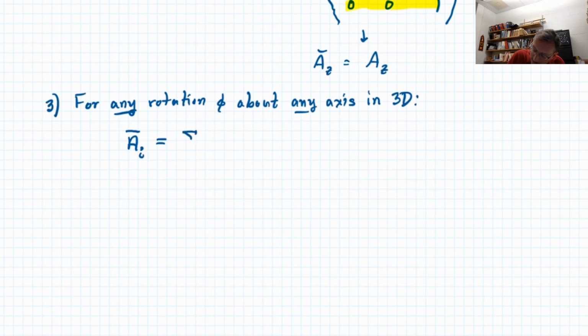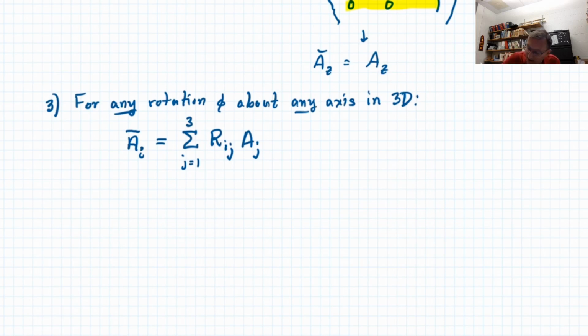I'll use an index different from i. I'll use j, going from 1 to 3. I take an element, the ij element of the matrix R, and I multiply it by the jth element of the column matrix A, where the R_ij's range over 9 different quantities, depending upon what the indexes are, and they're the 9 direction cosines.